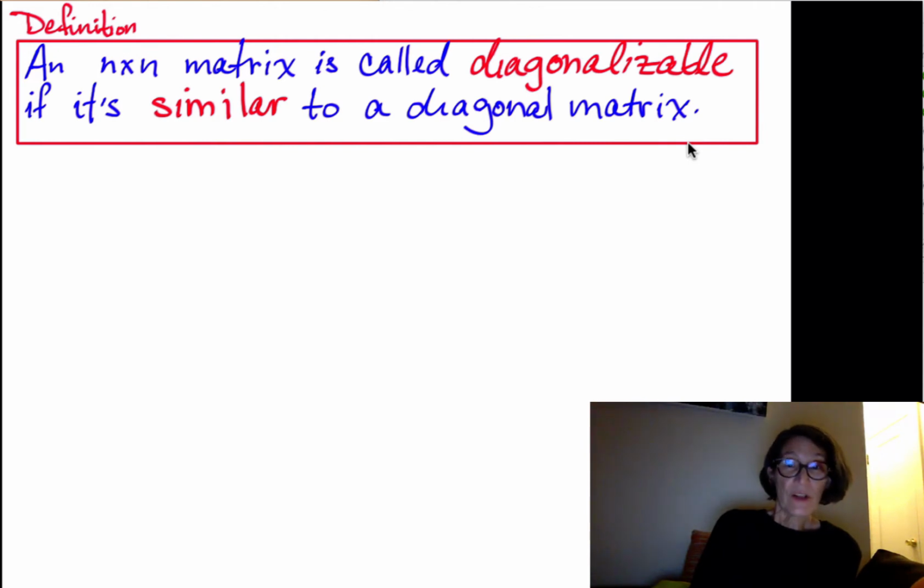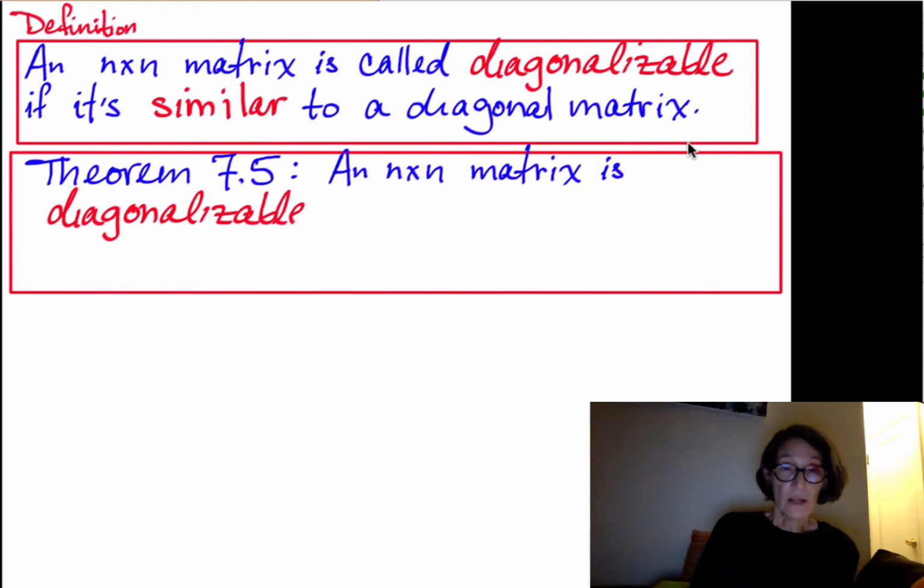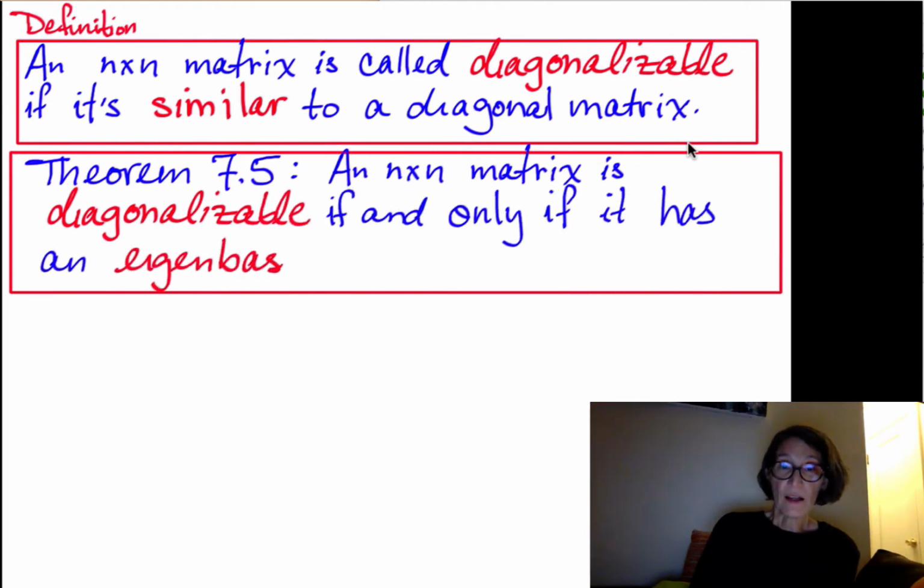We saw that the matrix A had two linearly independent eigenvectors. It had an eigenbasis. And so Theorem 7.5 says that's all we need to know whether a matrix is diagonalizable. It says an n by n matrix is diagonalizable if and only if it has an eigenbasis.